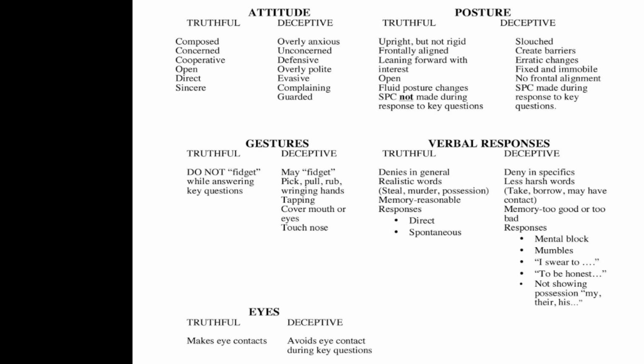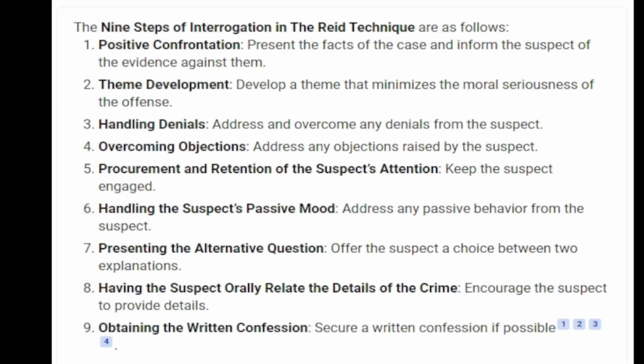All right. Now it starts to get worse here with the 9 steps of Reid. Once the educator believes they have gathered enough of your verbal and nonverbal traits, they will leave the room and re-enter as an interrogator this time. They'll be holding a folder or a piece of paper, and they'll say, I have the results of our investigation.